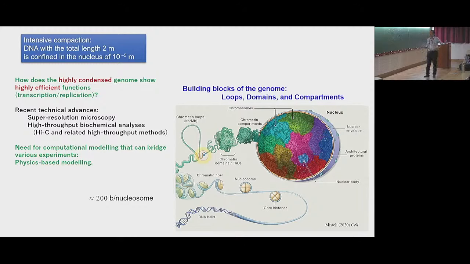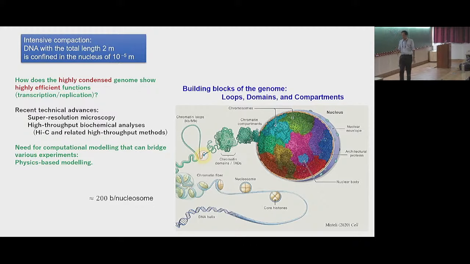This modern view was established through recent advancement in measurement technologies, including super resolution microscopy. Super resolution microscopy is a microscopic technique to see tiny things smaller than the length of the optical wavelengths.